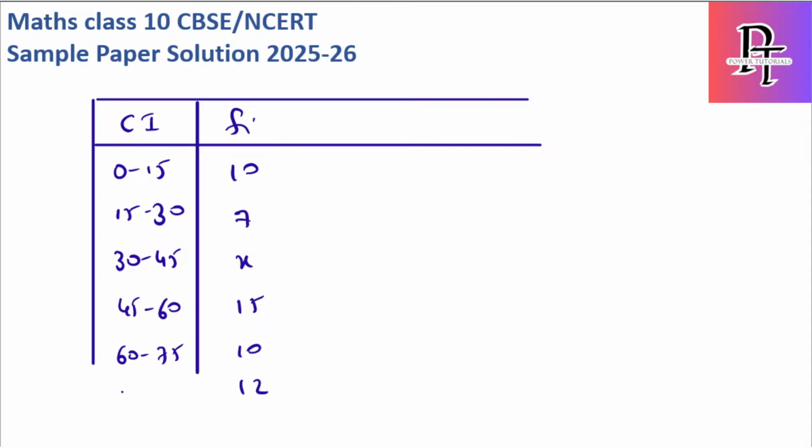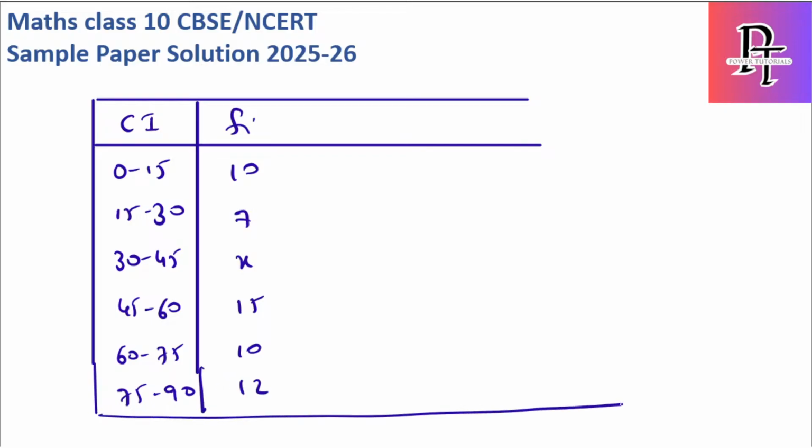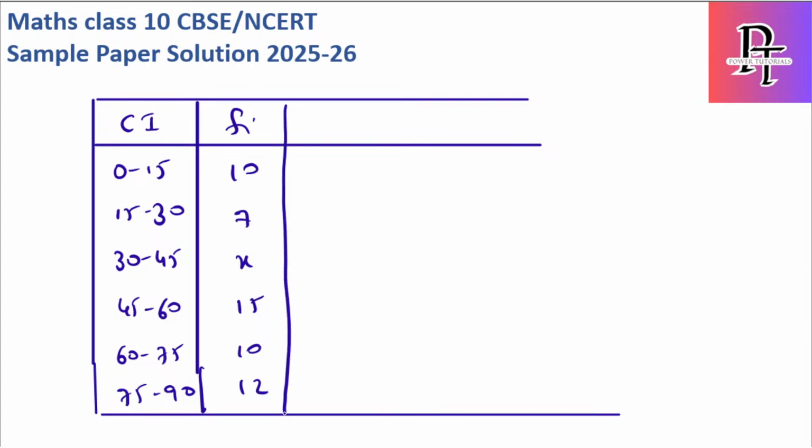So we have one more, which is 75 to 90. Okay, we have these values.